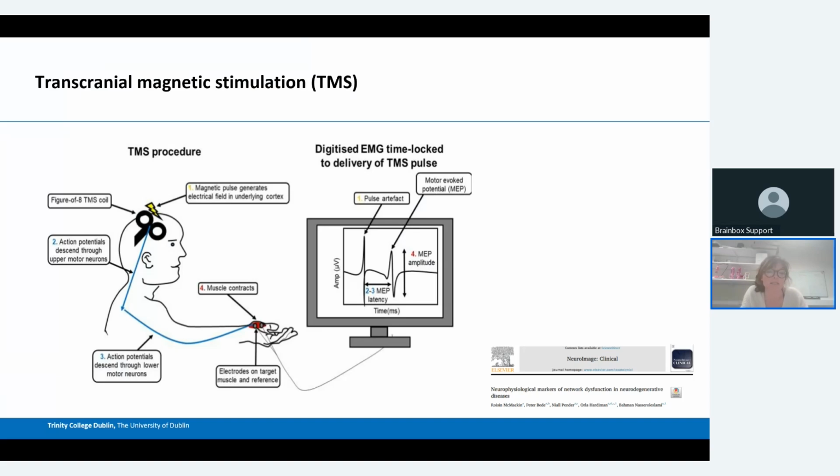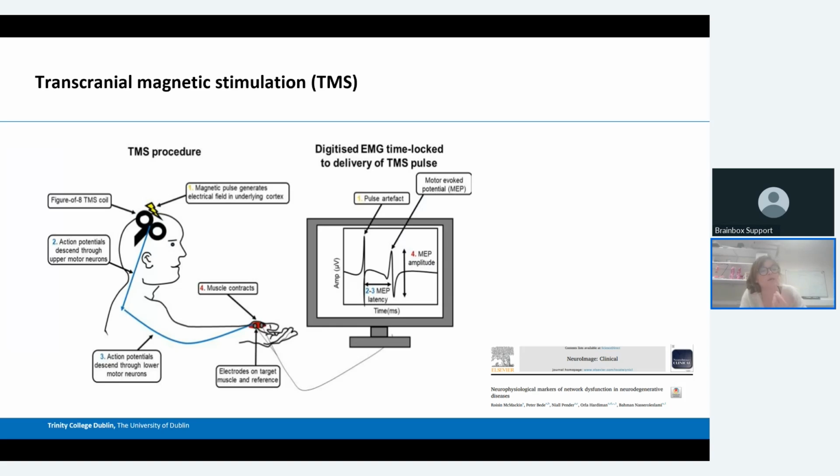So we place a coil, usually with this figure of 8 shape, like you can see in the figure here, to deliver these magnetic pulses upon the scalp over the area of the cortex we want to activate, and those magnetic pulses then activate the underlying cortical circuitry to evoke some response. Now, typically we apply TMS most often over the motor cortex, because when we activate the motor circuitry, we get a quantifiable output in the form of a muscle twitch.